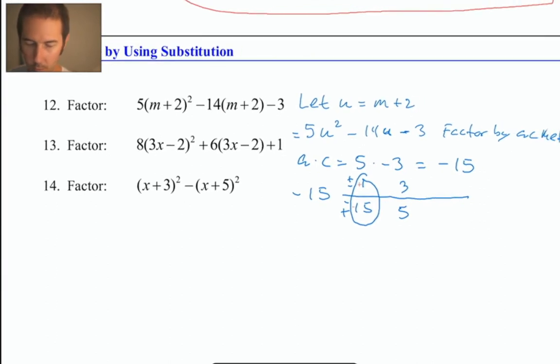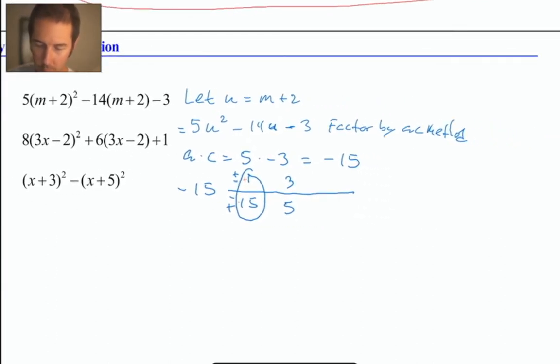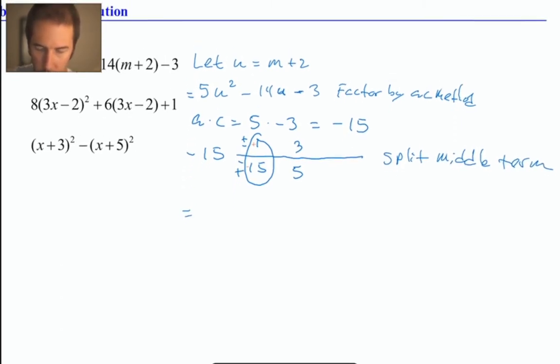So then we will split the middle term, which gives us 5u squared minus 15u plus 1u minus 3.